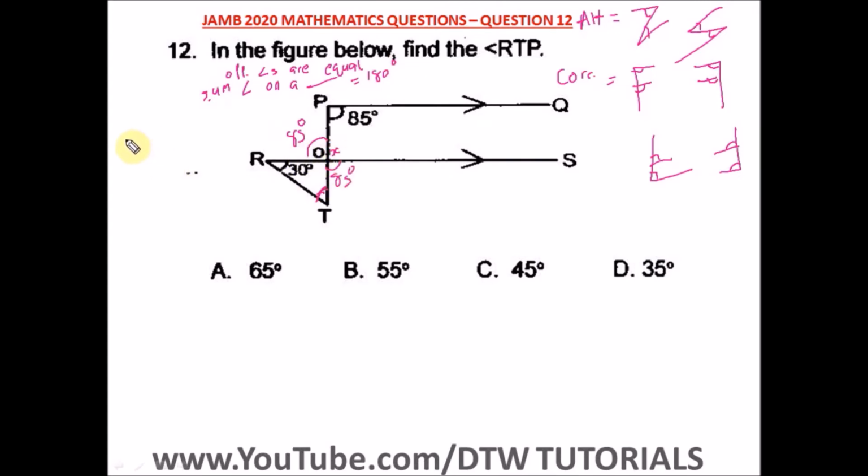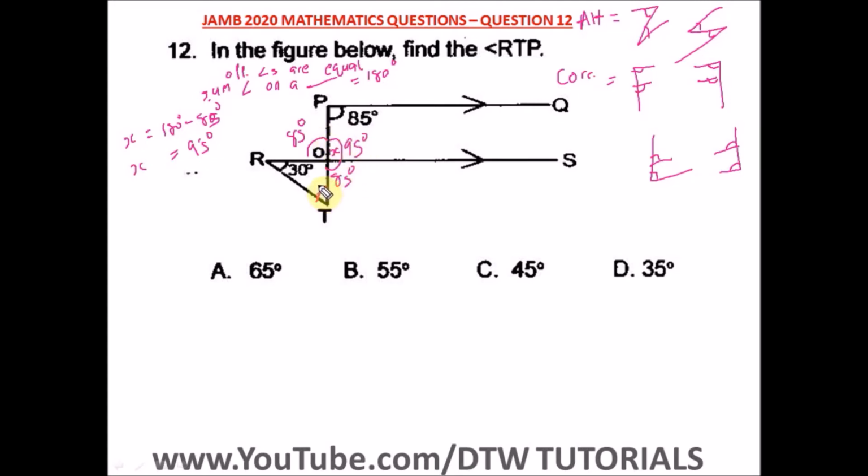Therefore, x will be 180 degrees minus 85 degrees. So x will give us 95 degrees. So therefore, the angle here is 95 degrees.